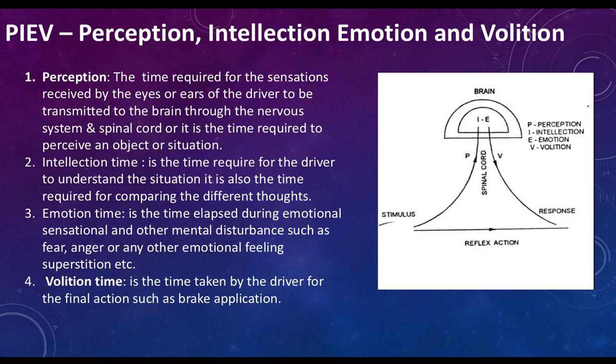Your eyes have seen it and the information is sent to the brain. The brain will perceive things. This is called perception: the time required for the sensation to be transmitted from the eyes or ears of the driver to the brain through the nervous system.